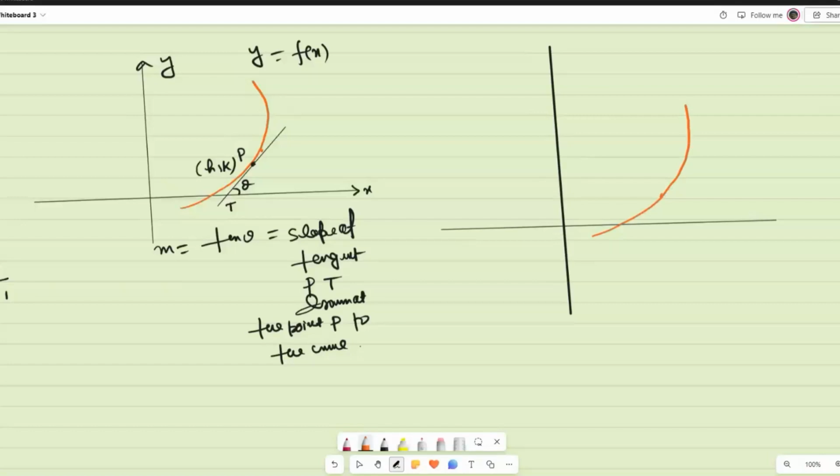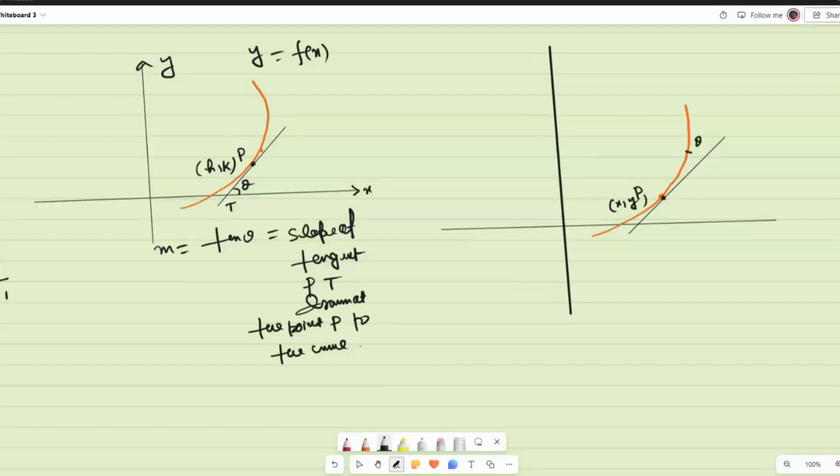We want to find the slope of the tangent drawn to the curve at this particular point P. So for this purpose, we assume that the coordinates of this point on the curve are (x, y).